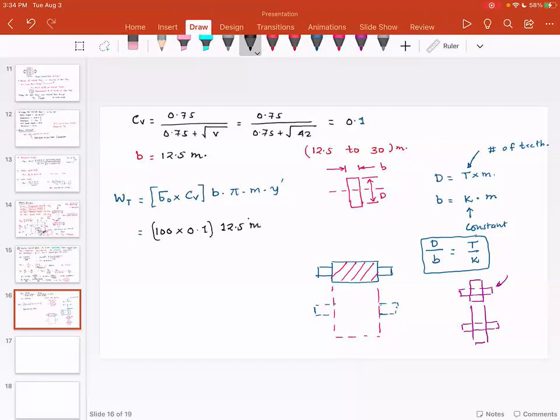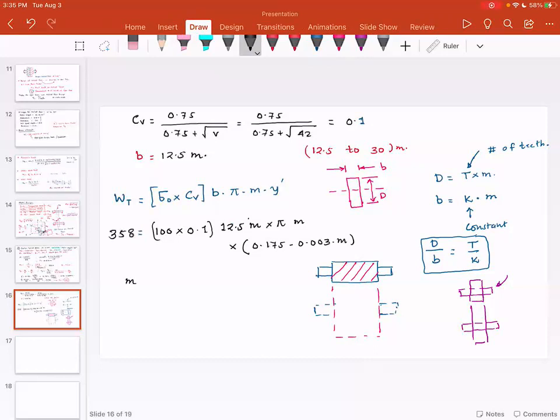12.5 times M, pi times M multiplied by 0.175 minus 0.003 times M, and WT is given as 358.